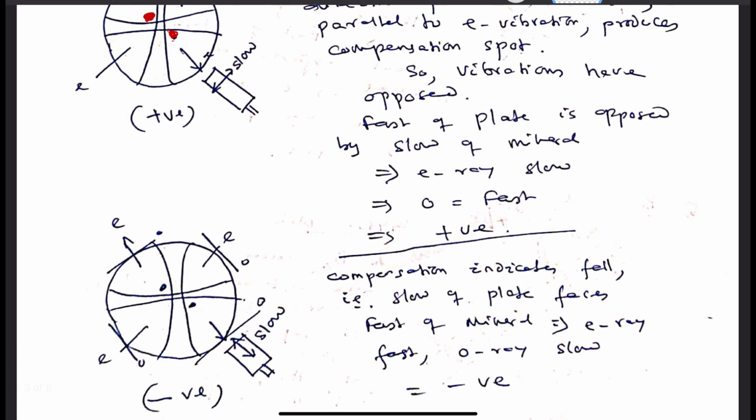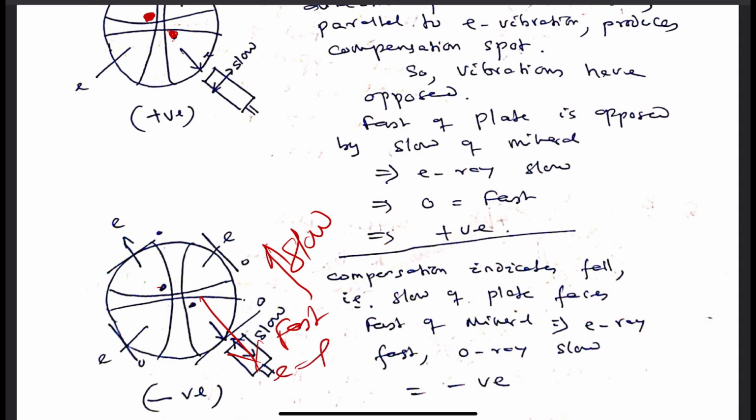Let us take the elongation direction of the accessory plate to be slow. The compensation spots are found here. So along this there will be the fast direction of the mineral. So that fast and slow will cause compensation. So this is the E direction.